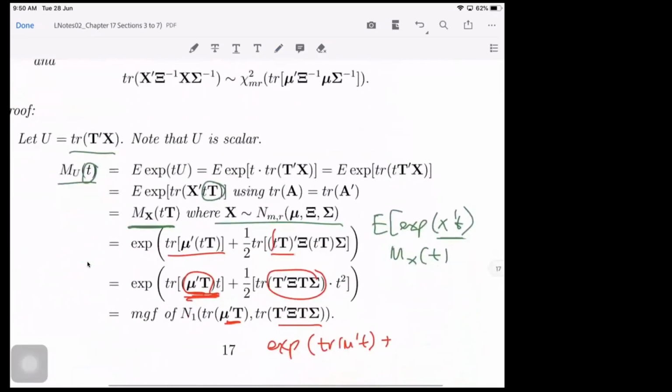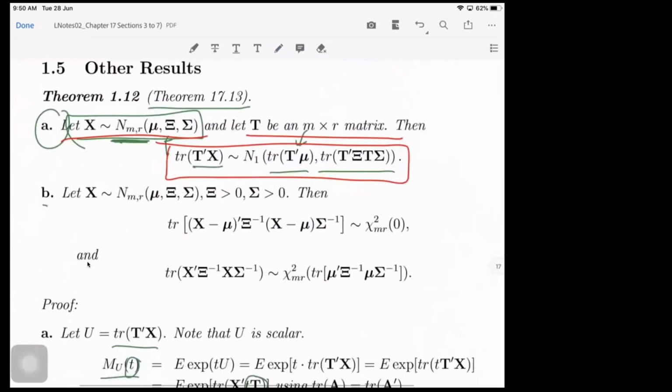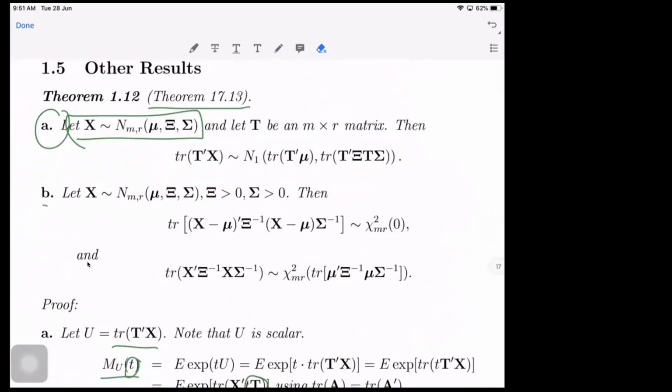Okay, next. Letter B has this assumption: x, and positive definite psi or sigma, and then a quadratic transformation with psi and sigma is chi-square central because you subtract it from mu.